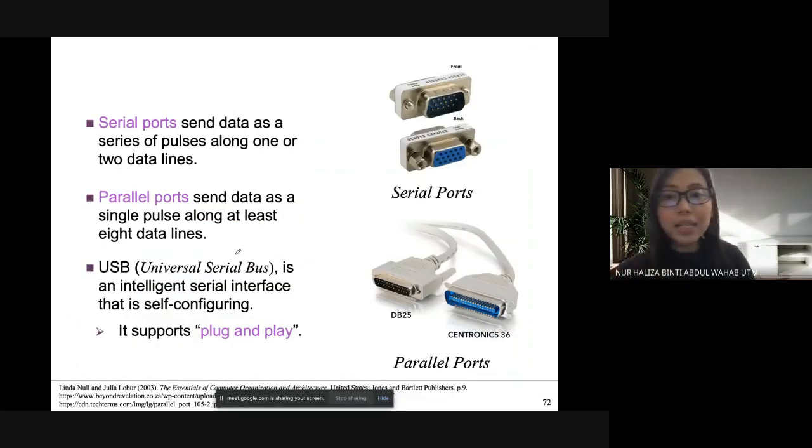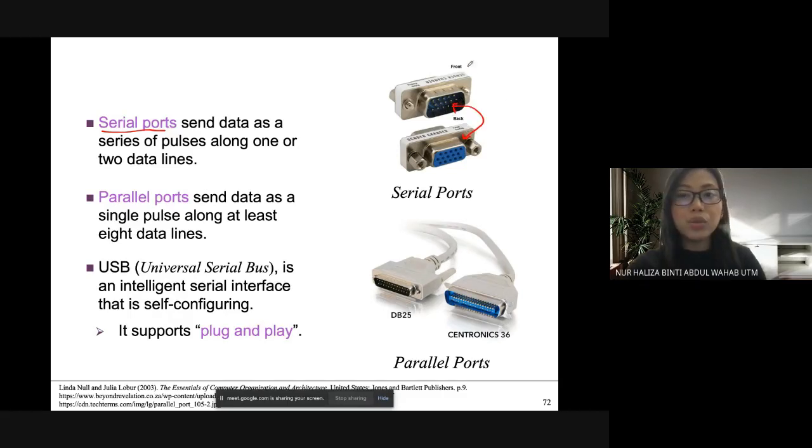Okay, normally all these ports are available in a computer. If you are not dealing with a computer, it's hard for you to check all of these ports. So in a computer, there is a serial port. Sometimes you might get confused because they look similar.